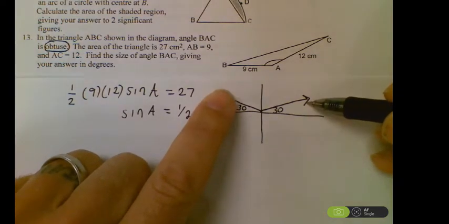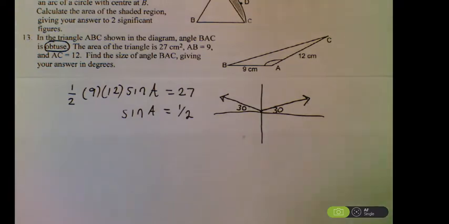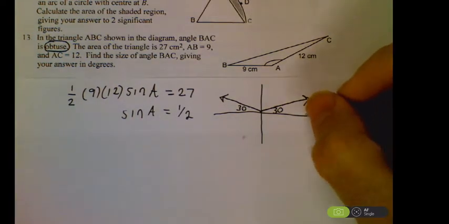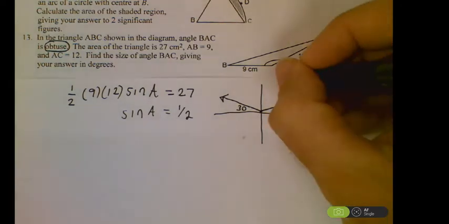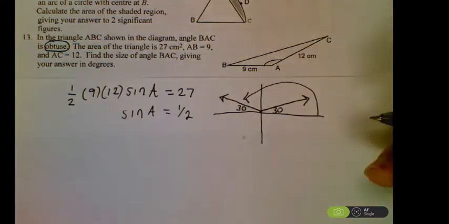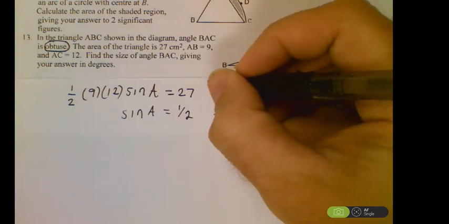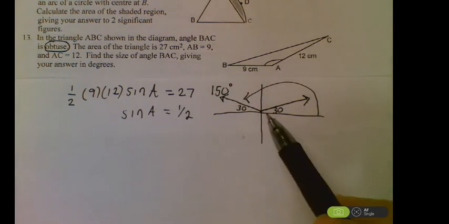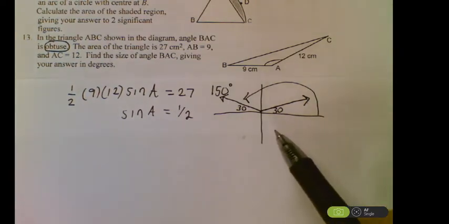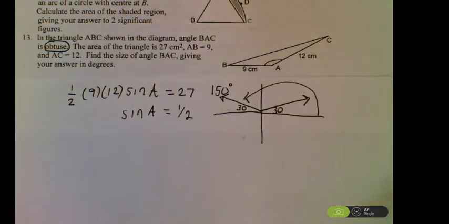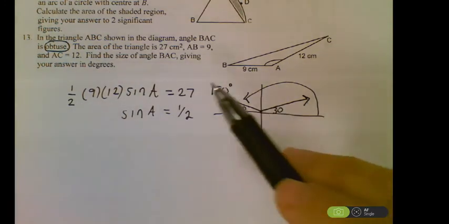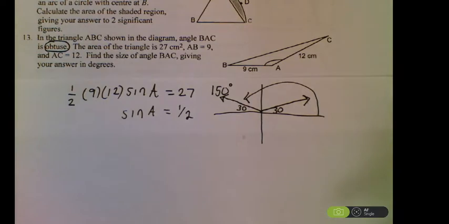So where you would have 30 degrees, you would also have 150 degrees. So in this one in particular, either answer would fit. It could either be 30 or 150. This one specifically said it was obtuse, so I had to take the 150 as my answer because it does say obtuse.